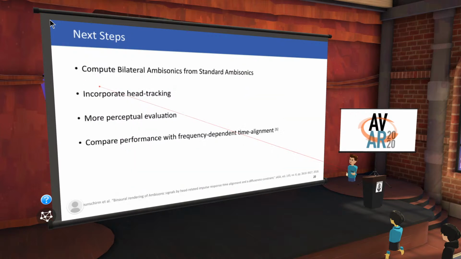The next steps: the first one will be to find a way to compute the bilateral Ambisonics from standard Ambisonics, to incorporate head tracking, and of course to do more perceptual evaluations, because we only did a simple MUSHRA test with one static source in a simulated room, and to compare the performance with the previously suggested method, like the frequency-dependent time alignment method.